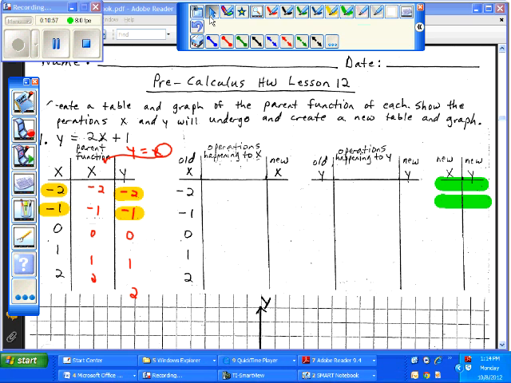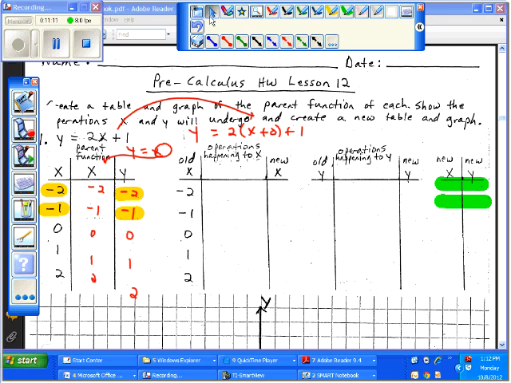Okay, so let's think about this. If we had the parenthesis here, this would actually look like y is equal to 2, open parenthesis, x plus 0, close, plus 1. Is everybody okay with the fact that those are the same thing? Okay, so in reality, what's happening to x? What are we going to do to x? There's an understood 1 and an understood 0.